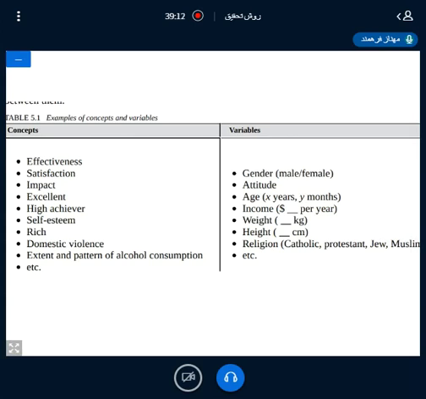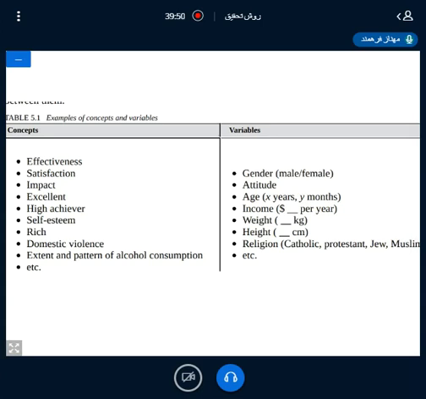Okay, examples of concepts and variables you can see in table number 5.1. Examples of concepts and variables. In this table, it is clearly going to explain the concepts and variables. So you can see the relationship between concepts and variables.